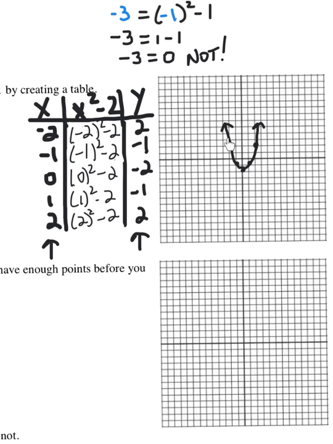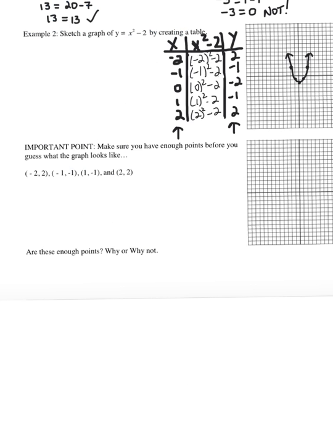And this particular graph we created is called a parabola, and it's in our family of functions called quadratics. All right, so in this next section of the notes, it says make sure you have enough points before you guess what the graph looks like. Because sometimes we're going to graph some points and then we have to determine what function that is.